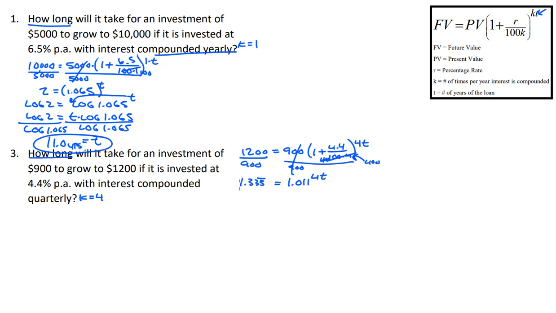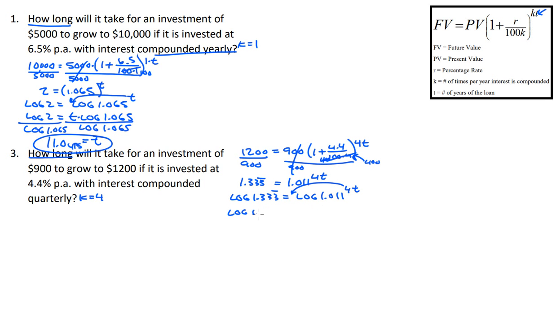Okay, now we've got just one number on one side and another number to a power that has a variable in it. So this is where we want to take the log of both sides. Log 1.333 equals log 1.011 to the 4t. This 4t now comes out front.